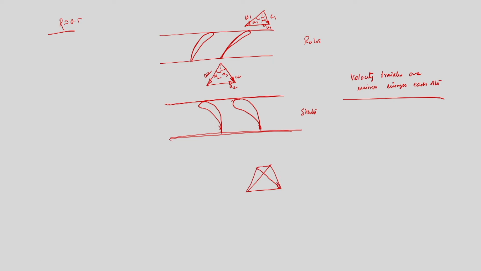So this is C1, this is C2, this is W1, this is W2, and this is, let us say, AB.